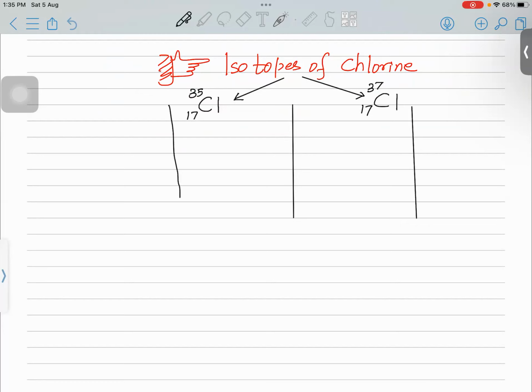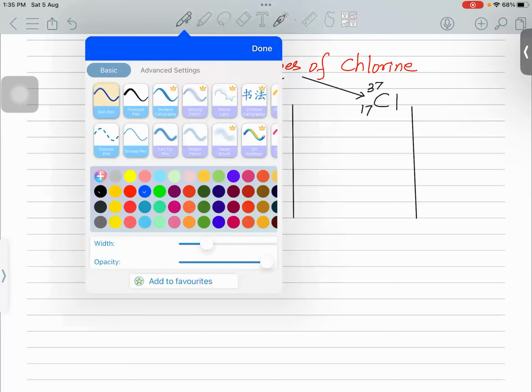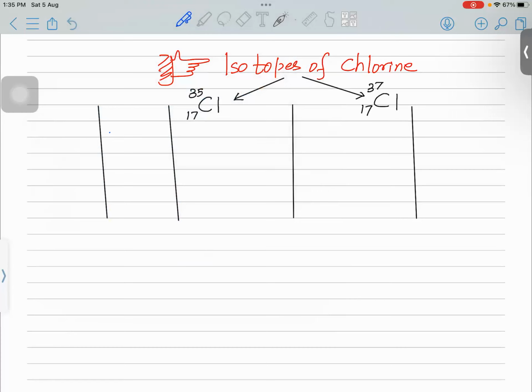Tell me the number of electrons, protons, and neutrons. Can you tell me the number of electrons in it? Sir, 17. The number of electrons and protons is 17 in both.